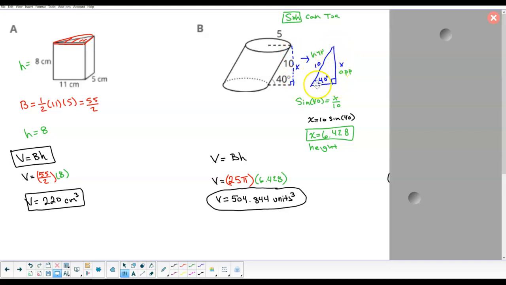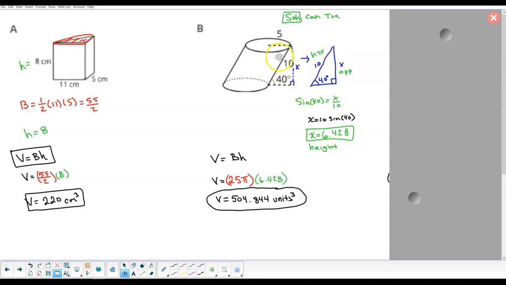So I just redrew that triangle over here, and now this is a SOHCAHTOA problem. It's a trig problem. I have to find x, which is in the opposite spot. I know the hypotenuse is 10 and the angle is 40 degrees. So opposite and hypotenuse would be the sine function. Sine of 40 equals x over 10. I'm going to times both sides by 10 to get x by itself. That would tell me the height, using my calculator, is 6.428.